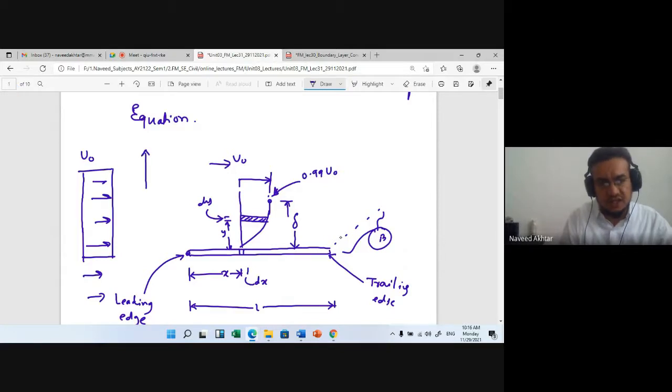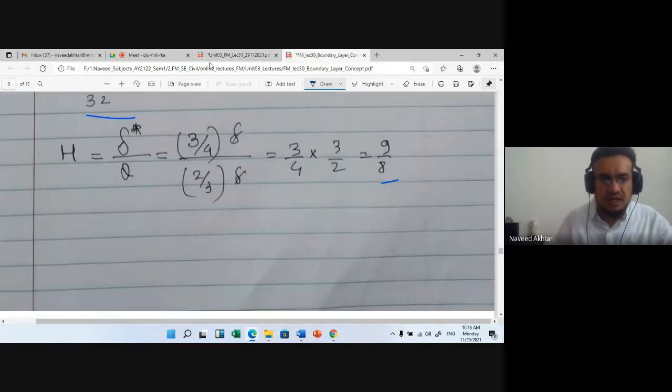If this is the y direction, this is the x direction. So in the y direction, I have taken a small strip inside the boundary layer thickness, having a thickness of dy and a distance of y from the plate.